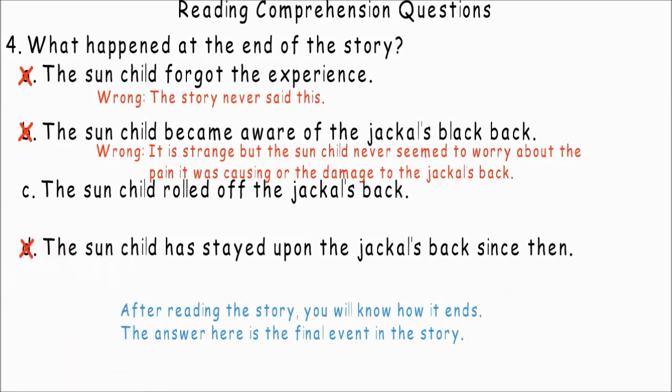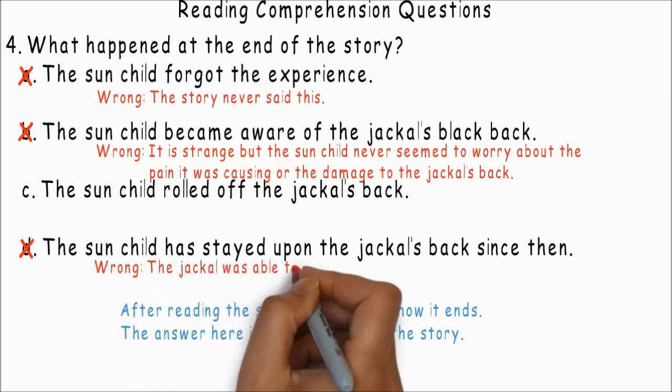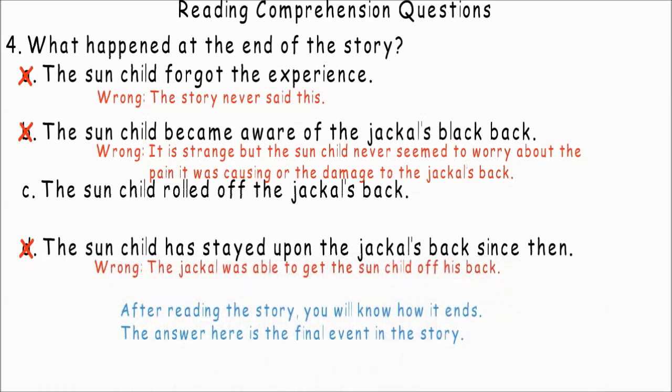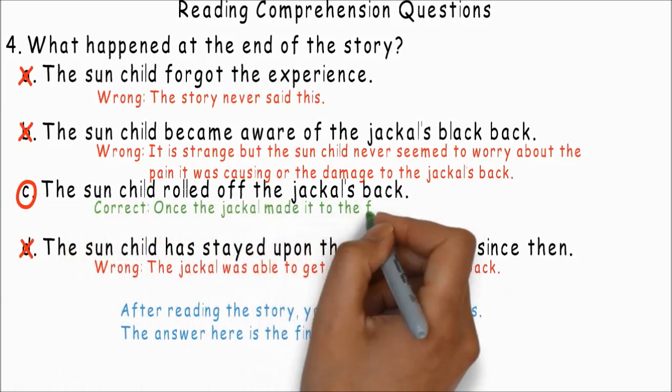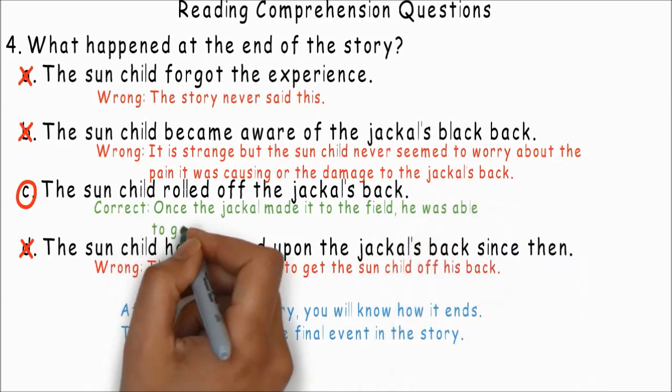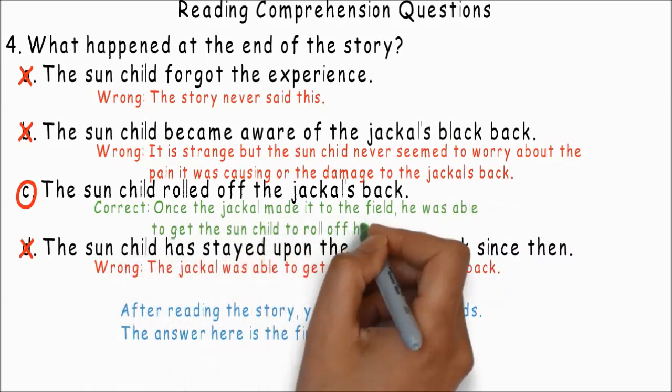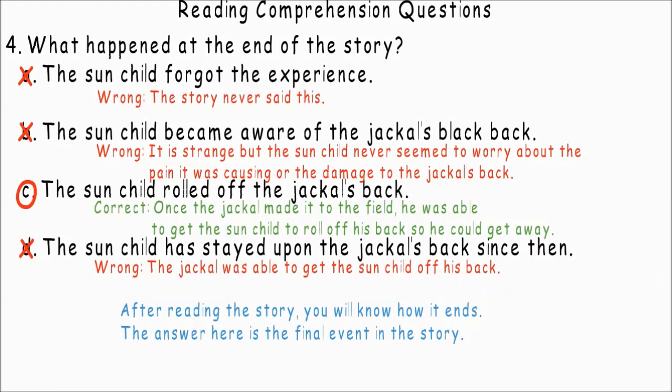It's not D. The jackal was able to get the sun child off his back, so it didn't stay. So the answer must be C. The sun child rolled off the jackal's back. Correct. Once the jackal made it to the field, he was able to get the sun child to roll off his back so he could get away.